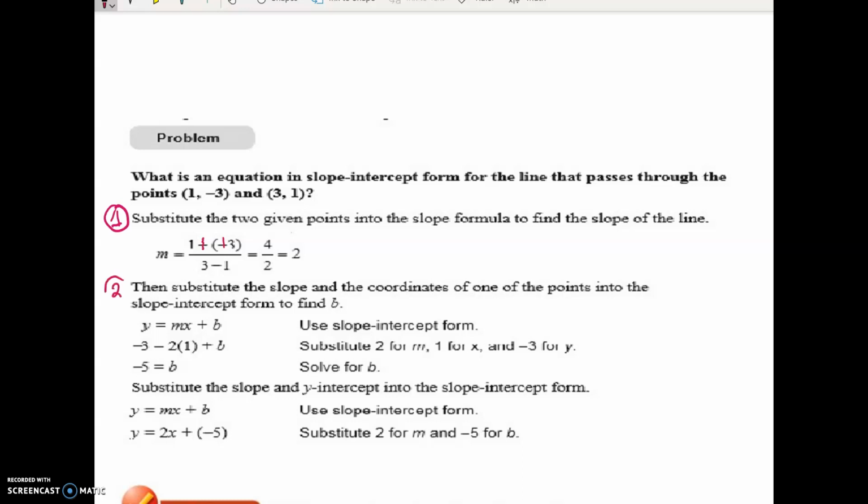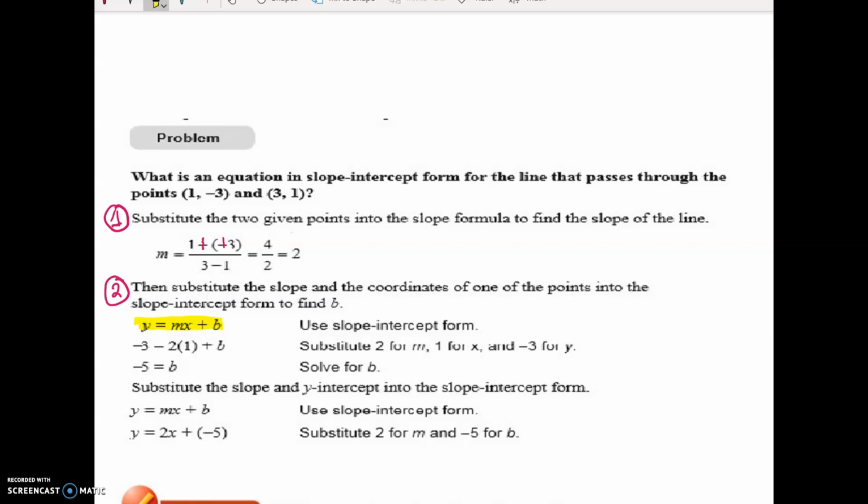Now, the second step is to substitute our slope that we figured out and one of the coordinates into the slope-intercept form so that we can solve for b, because we don't know at this point what our y-intercept is. So we start with the original formula, y equals mx plus b.